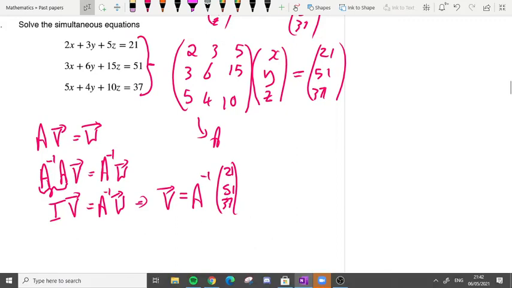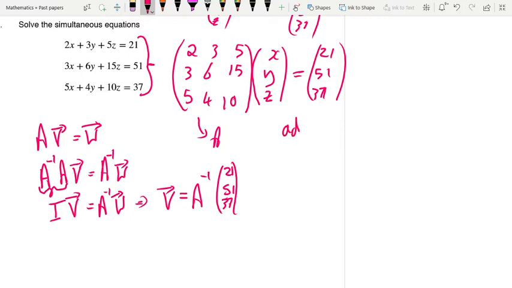So, how do you find the inverse of a matrix? We're going to be following the adjugate determinant method.